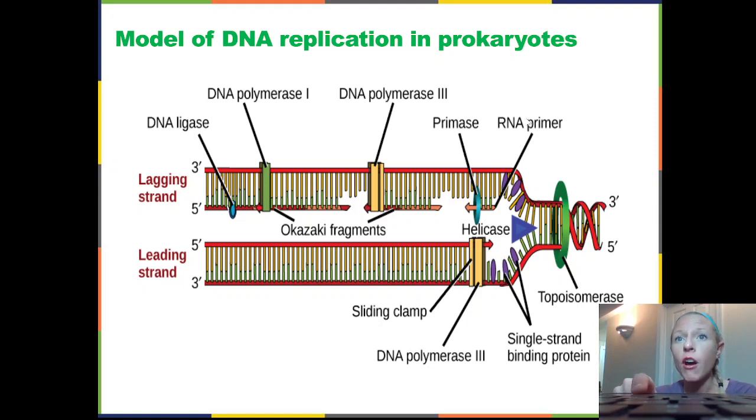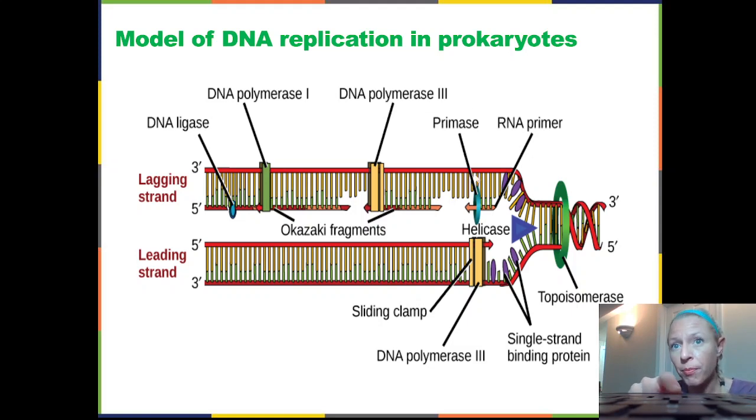And primase adds RNA primers in the 5' to 3' direction. Well, that is super convenient for the 5' to 3' strand. So you see that strand, the leading strand, is continuous. There's no breaks between the production of the new strand.